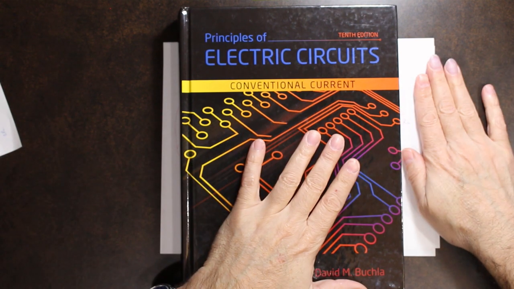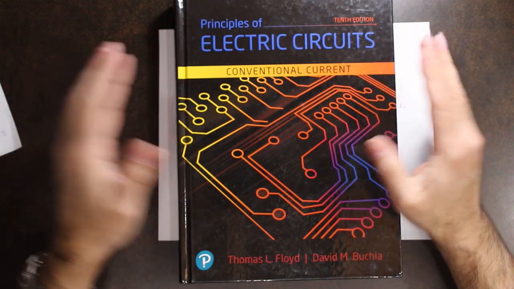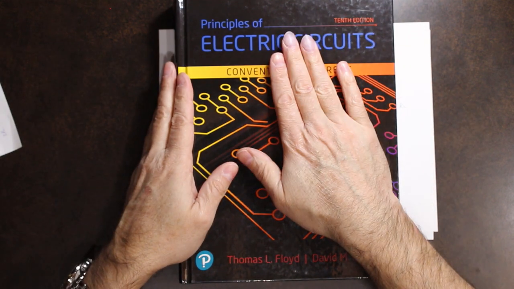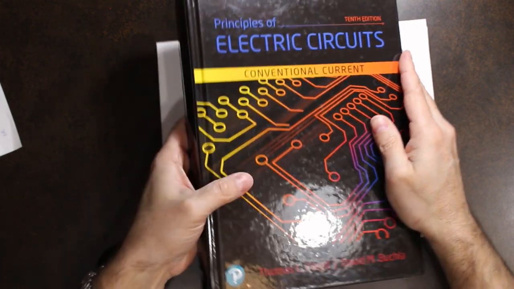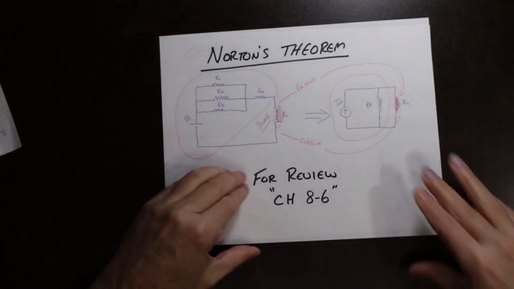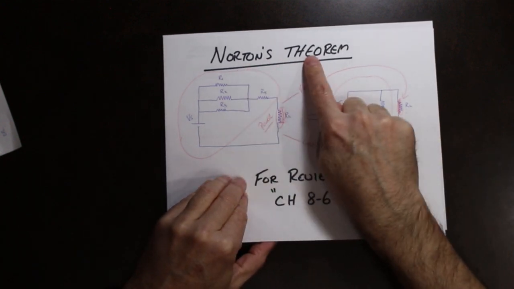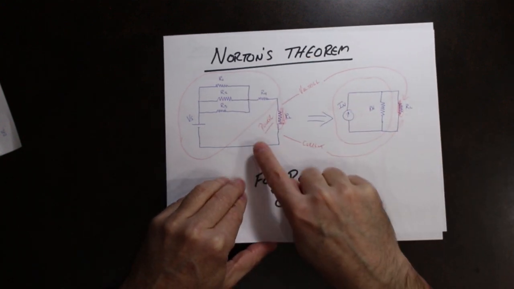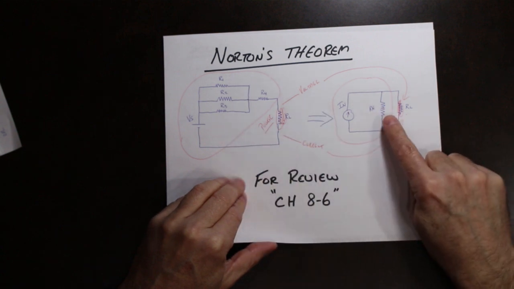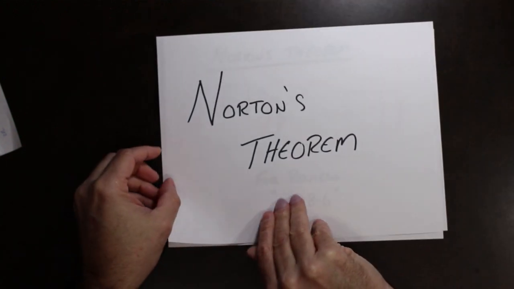In case you didn't pick it all up when we just did that example, the procedures are there. There's plenty of questions in the textbook for you to do. Again, chapter 8-6 in our textbook, and that'll walk you through solving Norton's theorem. So equivalent circuit from here to here. So that is Norton's theorem.